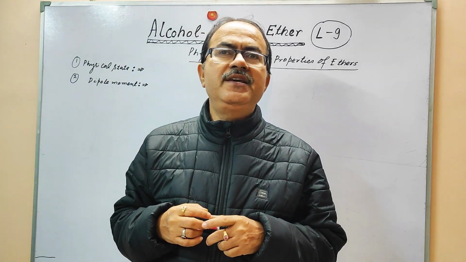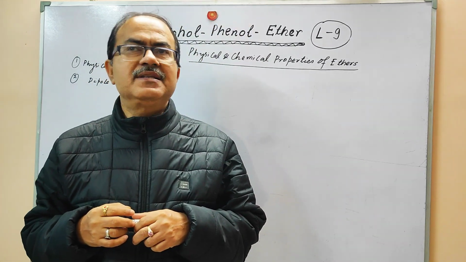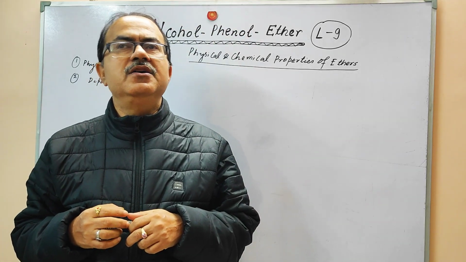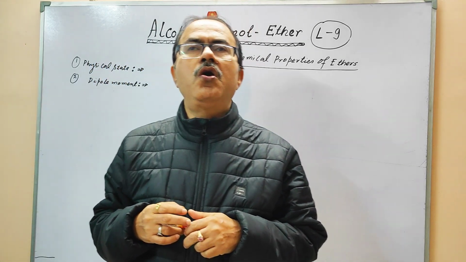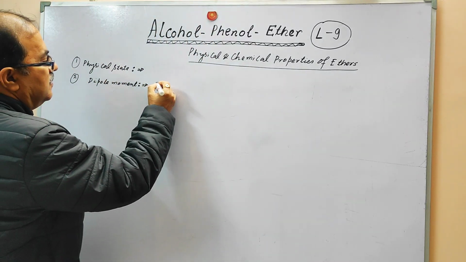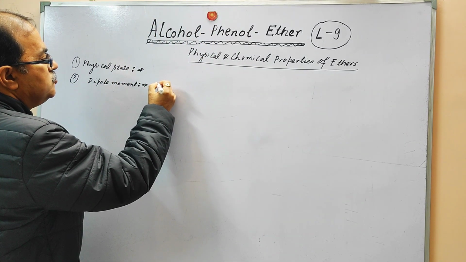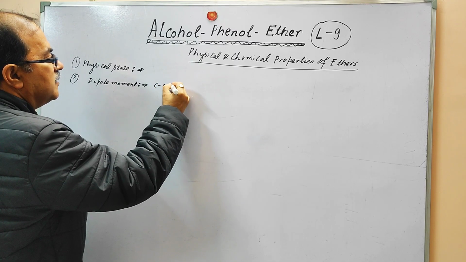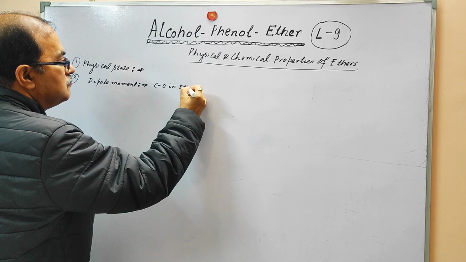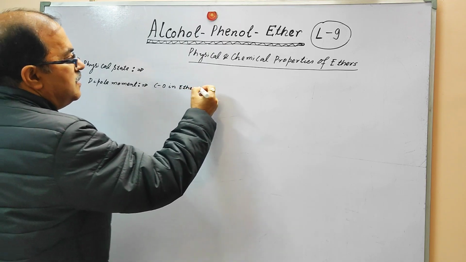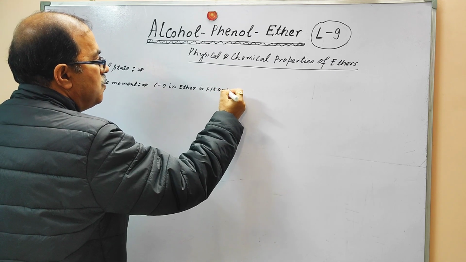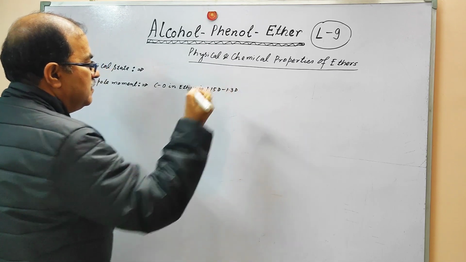Although this polarity is not as much as the polarity of the C-O bond in alcohol or in aldehyde. The dipole moment of the C-O bond in ether is around 1.15 D to 1.3 D.